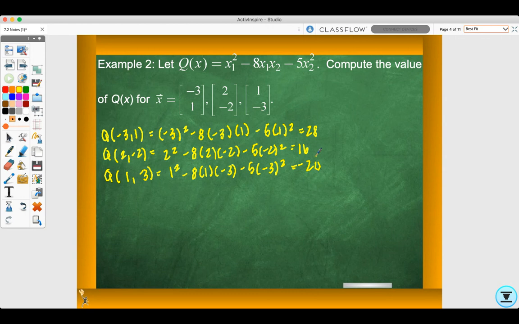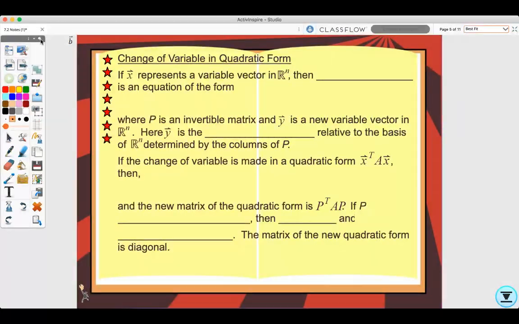In some cases, quadratic forms are easier to use when they have no cross product term, when the matrix of a quadratic form is a diagonal matrix. Cross product terms can be eliminated by making a suitable change of variable. So, change of variable in a quadratic form.